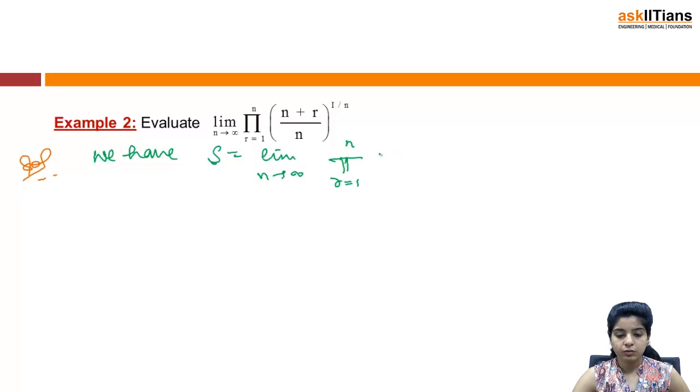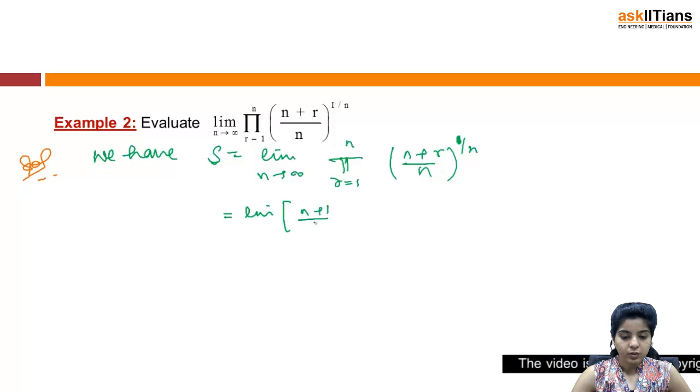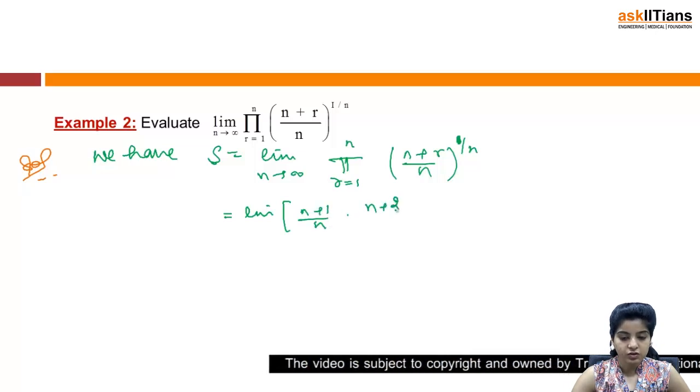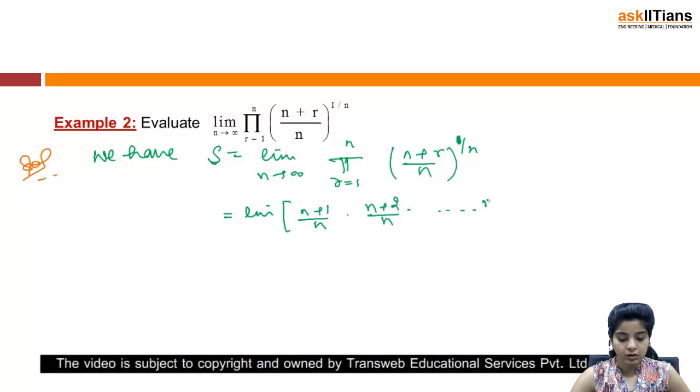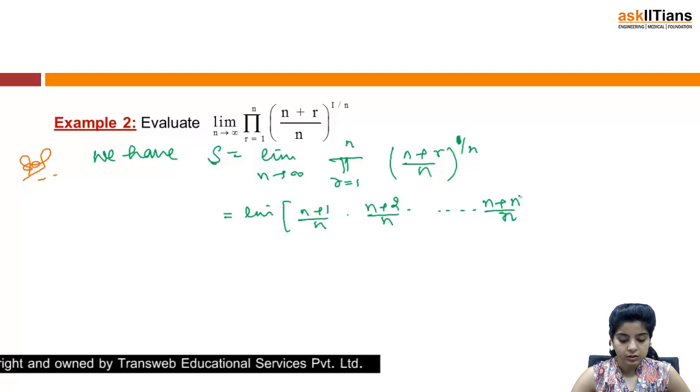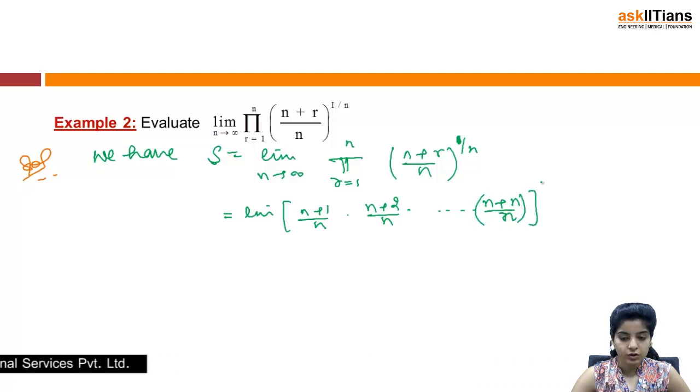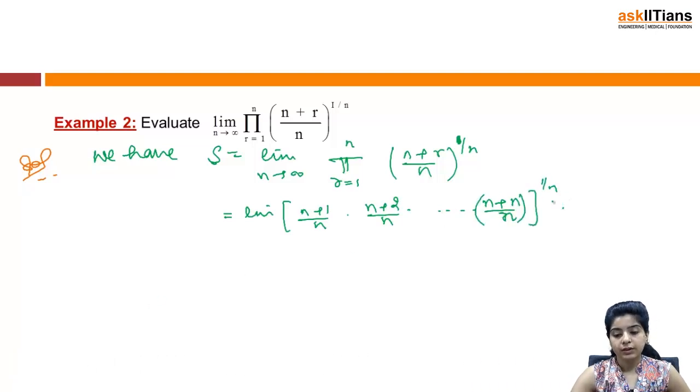This is (n + r)/n raised to 1/n, which can be written as ((n+1)/n)((n+2)/n) and so on up to ((n+n)/n), whole raised to the power 1/n.